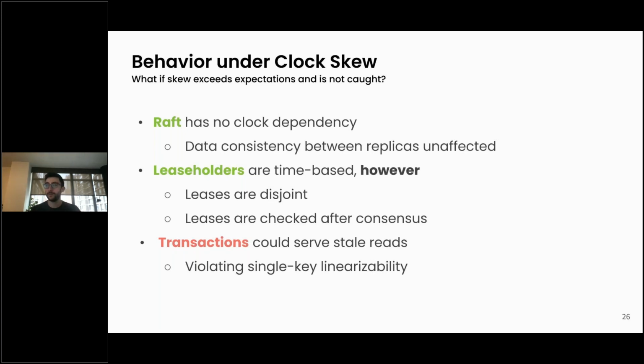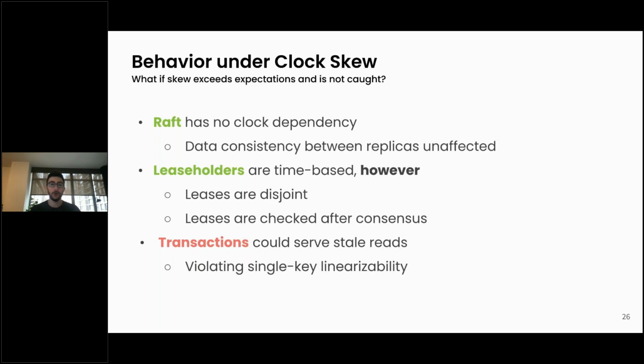And this is combined with a check after a Raft consensus round to reject writes initiated by older leases. And these together mean that nothing bad can happen even if two nodes think they're a leaseholder at the same time.